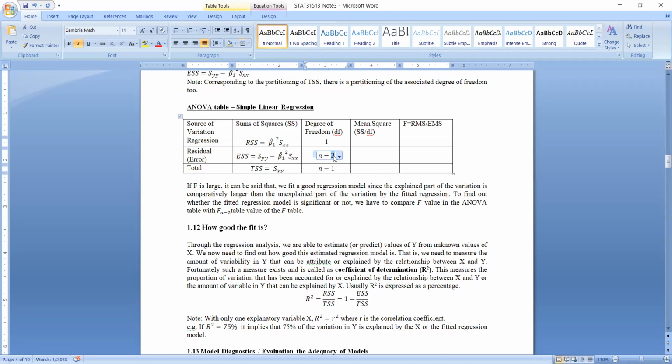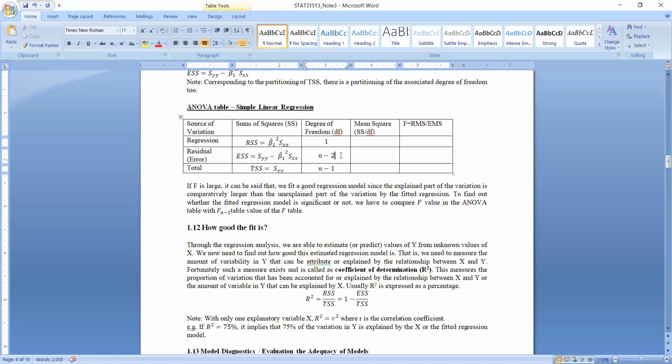In simple linear regression we estimate 2 parameters, beta naught and beta 1. So we take the number of observations in the sample and subtract the number of parameters, which is n minus 2.